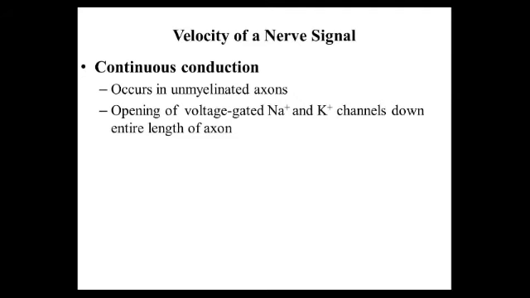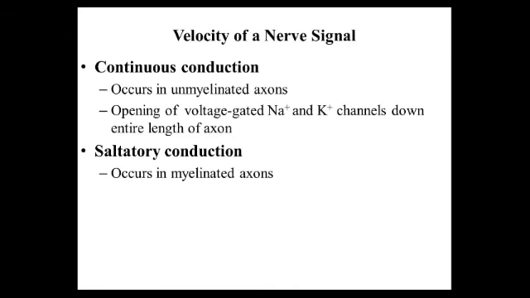Some of them can be very lengthy. So you've got to do that depolarization, repolarization all the way down that axon, every little millimeter, opening up sodium, opening up potassium. And then of course you got to reset all the way from one end to the other, using one ATP to move 3 sodiums and 2 potassiums all the way down that axon.